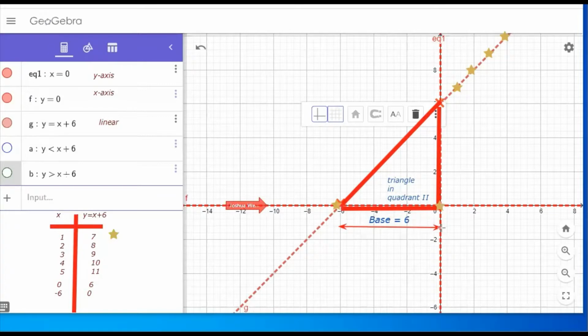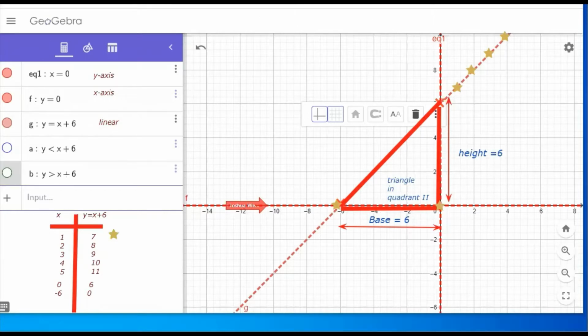That's the area from here, from 0 to negative 6. Then this side, we're starting at the origin. Now I'm here on this corner. We're going to go up, up, up. And, well, that's 6 units, because that's the point 0, 6. So the height of the triangle is also 6. Well, we needed that information to find the area of the shape.